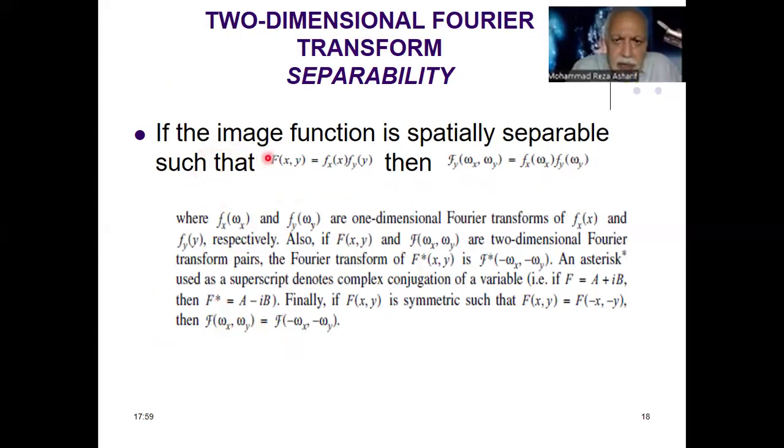If the image function is spatially separable, such as f of x, y equals f of x times f of y, then the transform is this, where F of x is the one-dimensional Fourier transform of x. So we can separate the two-dimensional transform into two one-dimensional integrals.